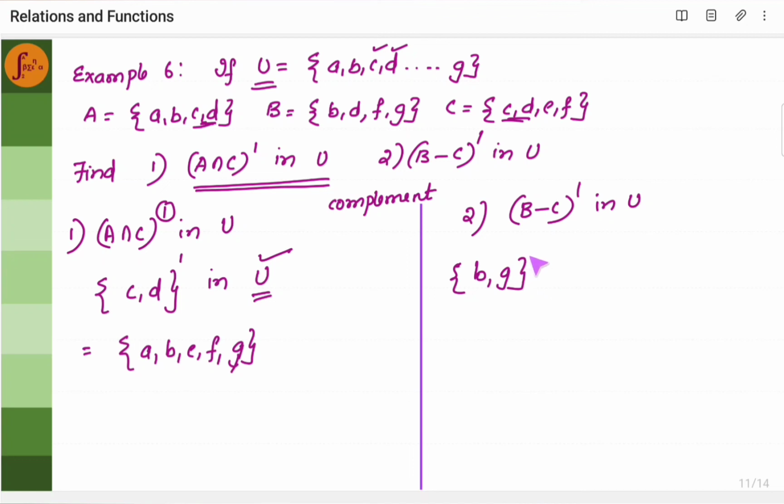So, B and G, complement of this in U. This means elements in U but not in this set. So, ignore these elements B and G. What do we have? A, C, D, E, F. So, this is the complement of B minus C in U.